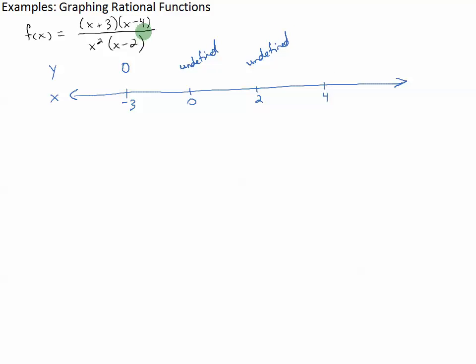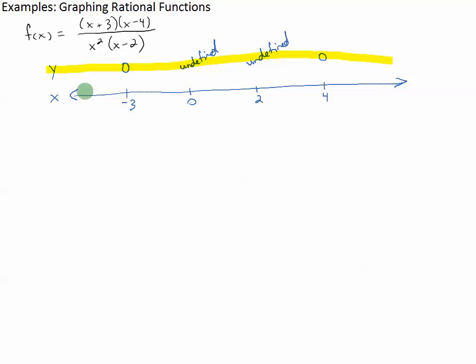If x is 4, we get 0 in the numerator, and 0 divided by a number is 0. So if x is 4, y is 0. So I hope you see that these are all y values up here, and then these are our x values down here.